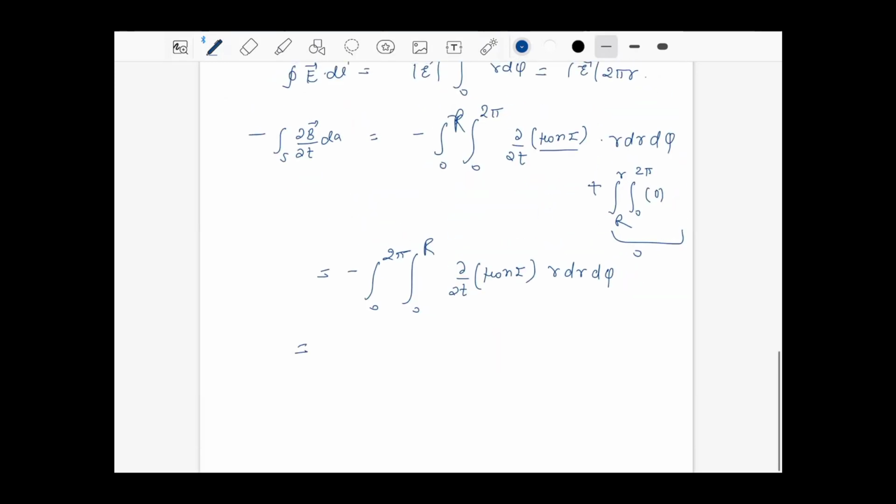So when we integrate it, we will be left with mu naught n dI by dt times r squared by 2 into 2 pi.